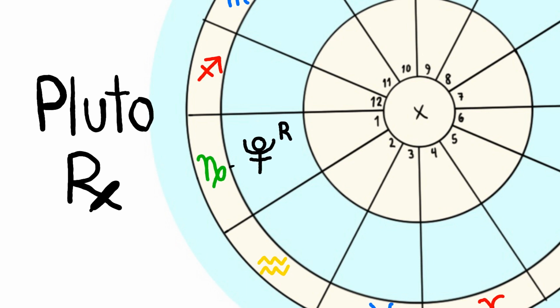Generally speaking, with Pluto being retrograde, there can be an avoidance of transformation and a tendency to cling on to unideal situations for a little bit too long before finally letting go of things. And generally, there could just be this difficulty around expressing negativity or talking about uncomfortable truths or uncomfortable topics.